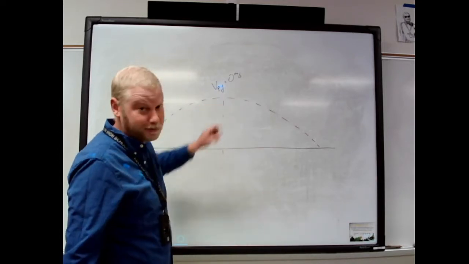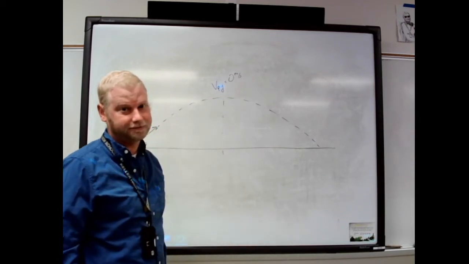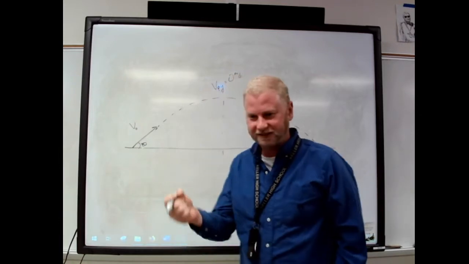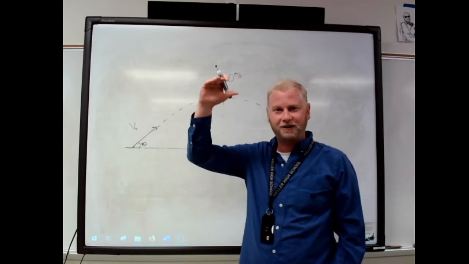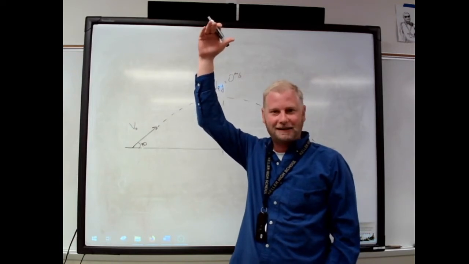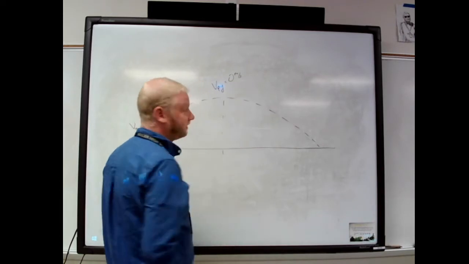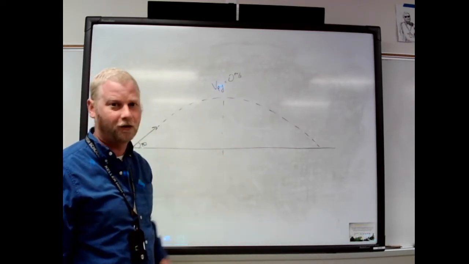Up here at the peak, it still has horizontal velocity. At the peak, the vertical velocity is 0, just like if you took a ball and threw it straight up in the air, it slows down in the vertical until it stops at its maximum height, and then comes back down. So vertically speaking, it's stationary, but it still has that constant horizontal velocity.